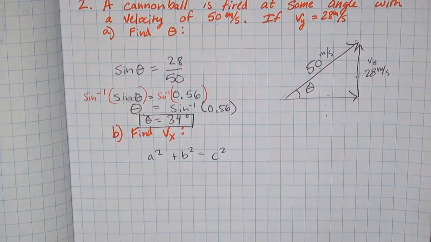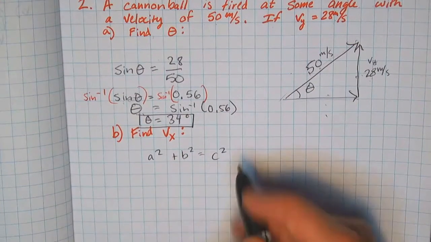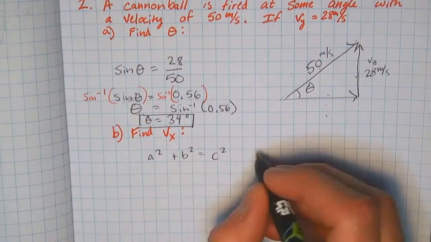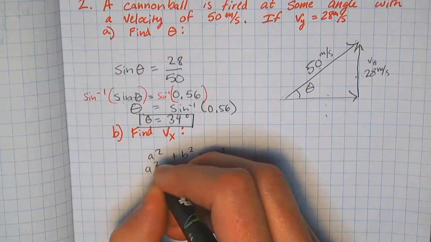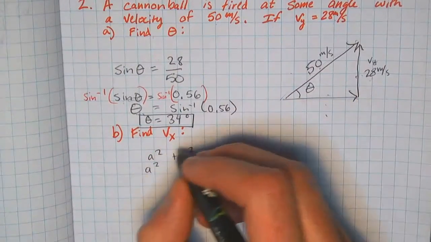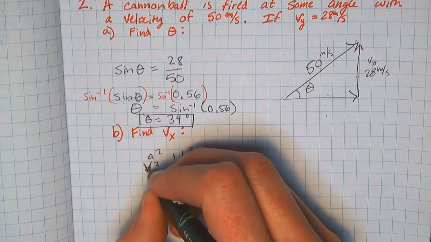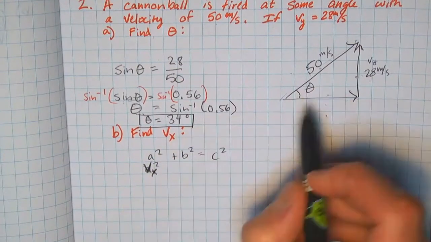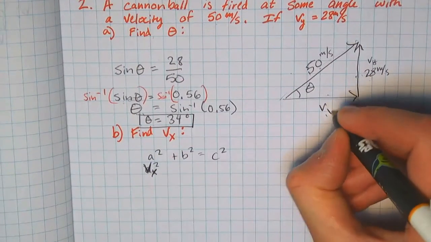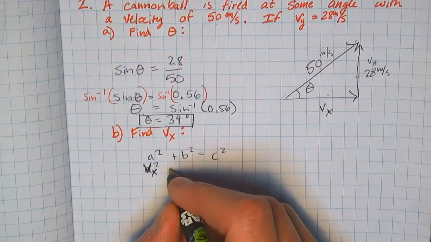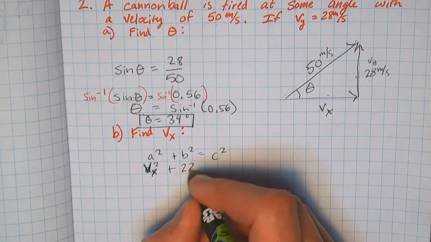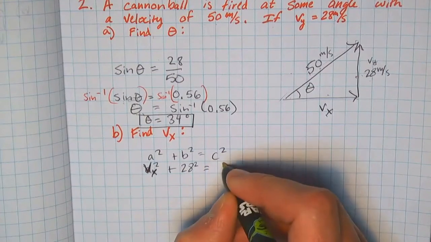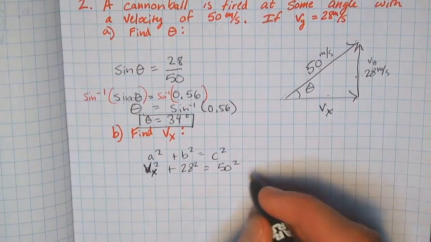We don't use this very often, but you could do it this way. So let's say Vx, since that's what we're really looking for, Vx squared plus 28 squared is equal to 50 squared.